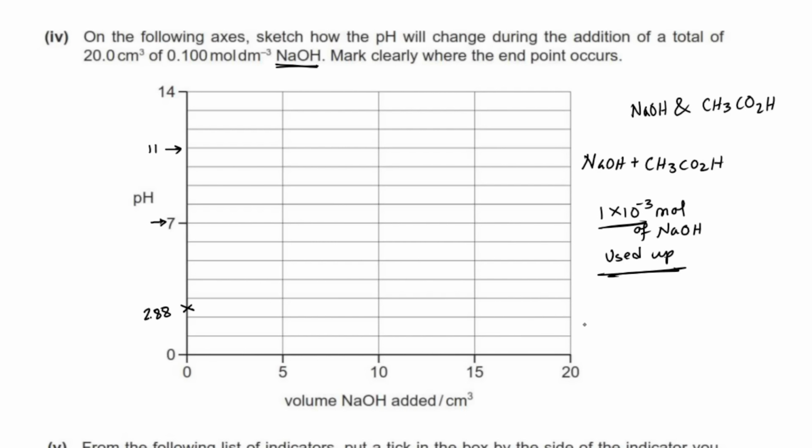So for that, we know that the equation is volume equals moles times 1000 divided by concentration. That is 1 times 10 to the power minus 3 into 10 to the power 3 by 0.1, which is 10 centimeters cube.